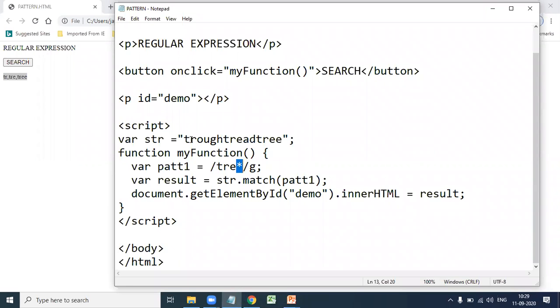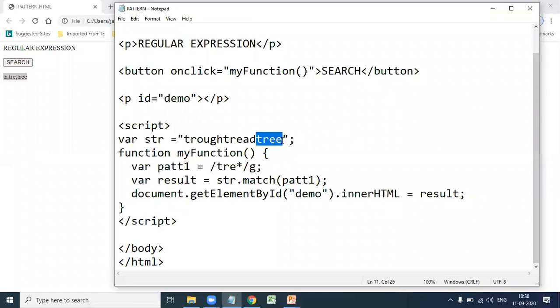If you click on the search button, we get TR, TRE, TREE. The matched strings are TR with 0 E, TRE with 1 E, and TREE with 2 E's. So this is the output.